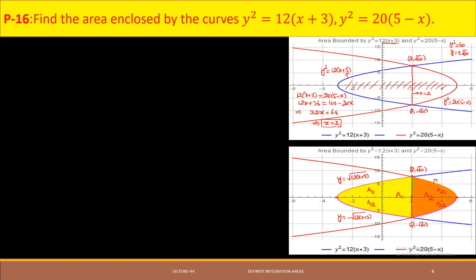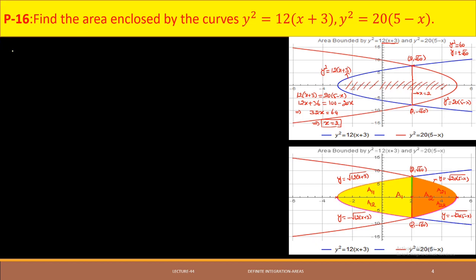Now this upper part of the curve is y is equal to under root 20 into 5 minus x, and this is y is equal to minus root of 20 into 5 minus x. I hope you have understood this. Let us find out the individual areas.